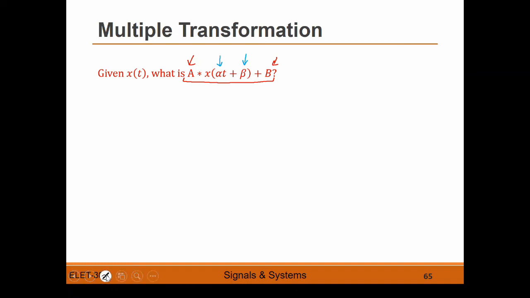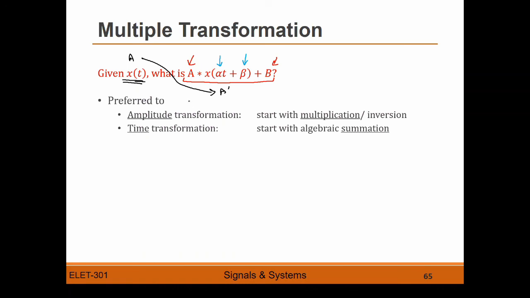Let's consider all these happening at the same time. You have been given the signal x, and somebody asks you to find the signal after transformation. So we have to move it from here to here.